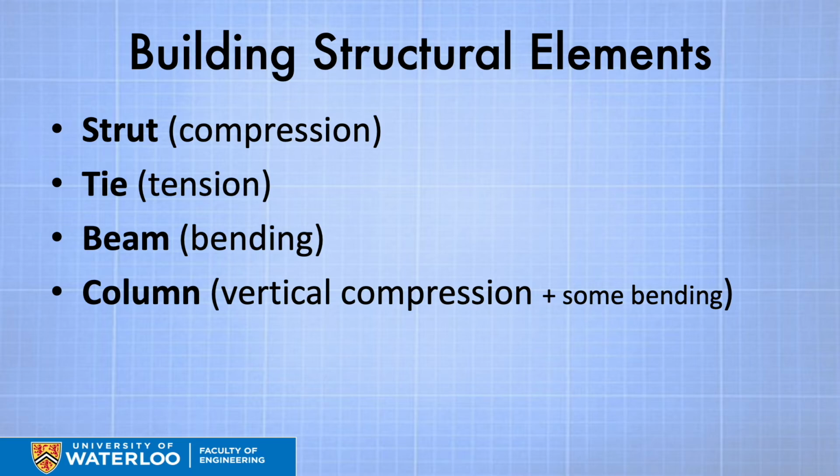And a beam is a component that resists bending. And a column, mostly vertical compression, although some bending, which sometimes gives rise to the beam-column element, which is a column that sees enough bending to be worth designing for. So those are the pieces that we tend to make our structural systems out of.